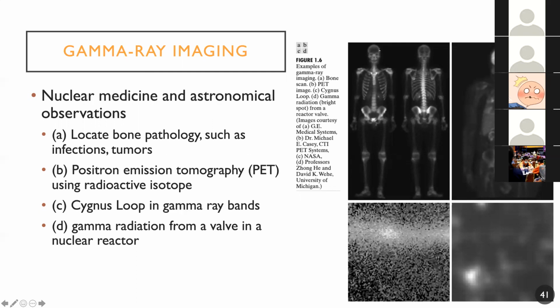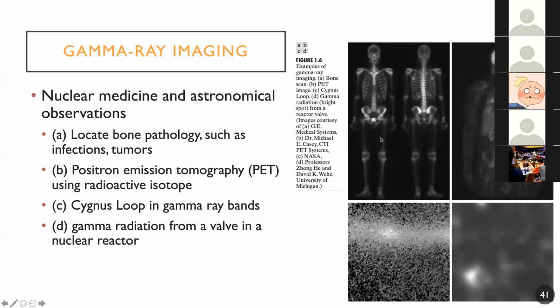The way they do it is they put a radioactive isotope into the patient, and the gamma rays are emitted as the isotope decays. You can use a detector or gamma ray sensor to get the signals from the gamma rays. So you can get a whole scan of the bones in the body, and the doctor can use this to identify infections or tumors in the body.